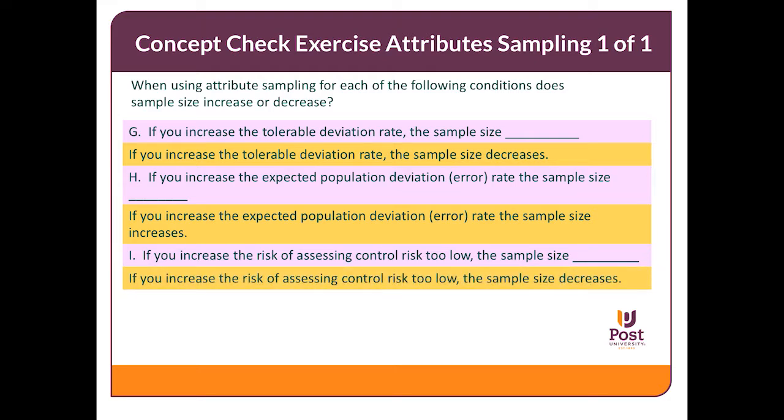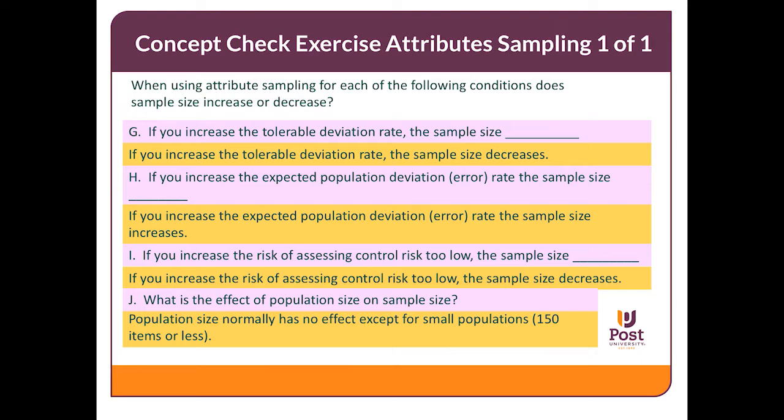If you increase the risk of assessing control risk too low, the sample size decreases. And finally, what is the effect of population size on sample size in an attribute sampling plan? Population size normally has no effect on sample size in an attribute sampling plan, except for very small populations of 150 or less.